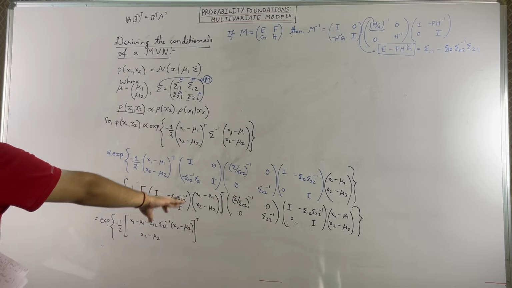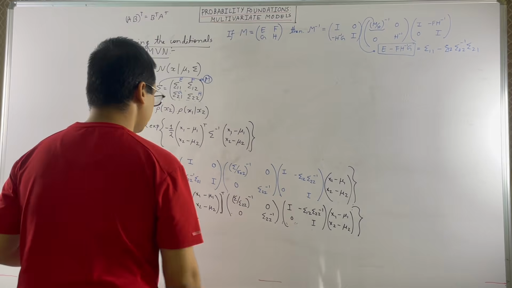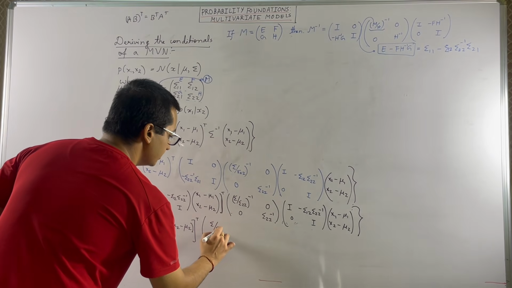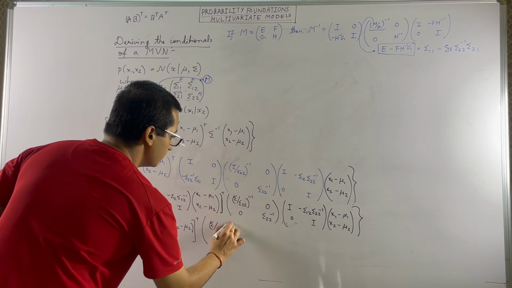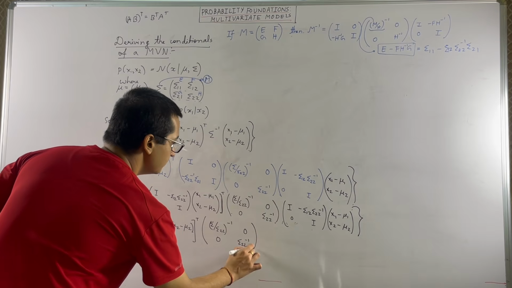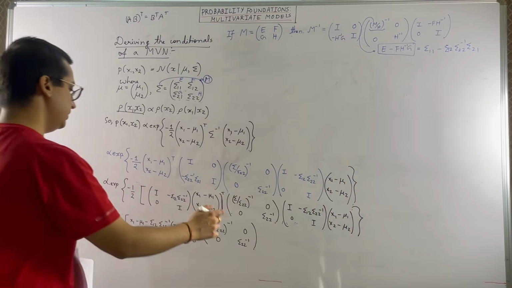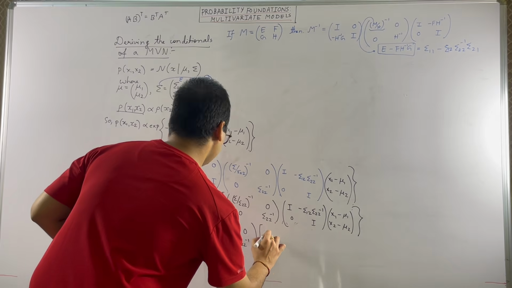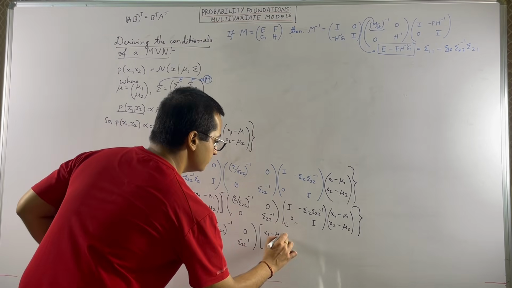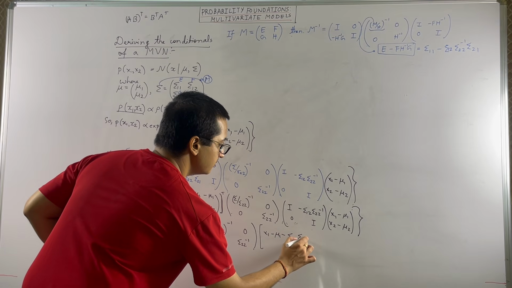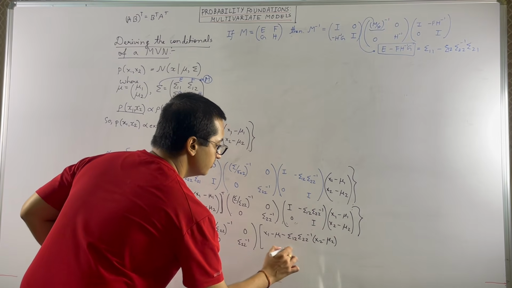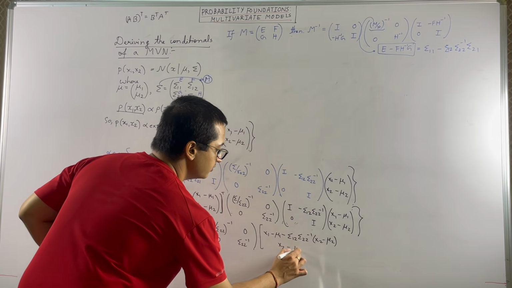So it will come out as this and its transpose, and this is sigma by sigma 2 2 inverse, and this thing will be x1 minus mu1, x2 minus mu2, x2 minus mu2.